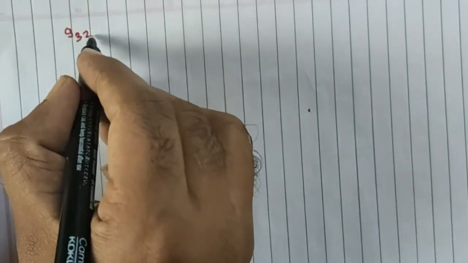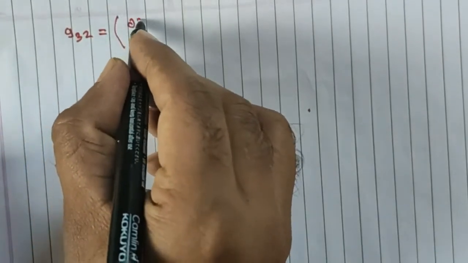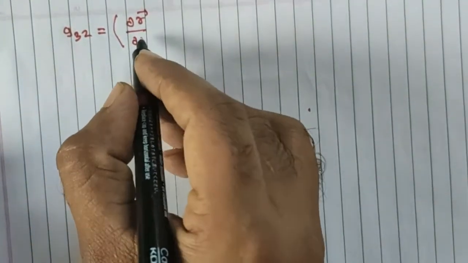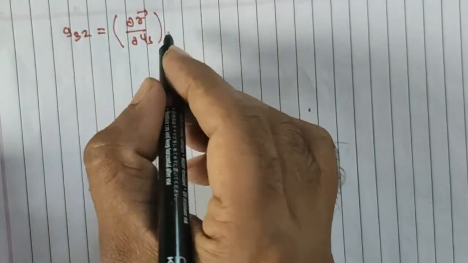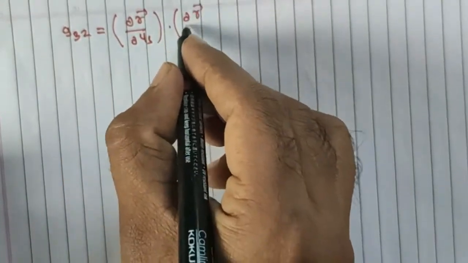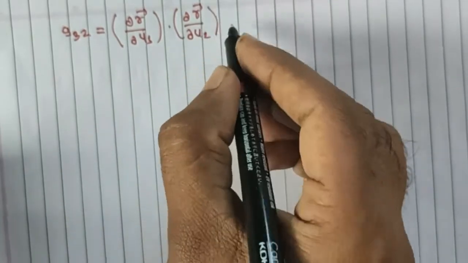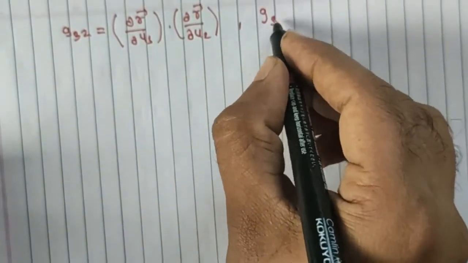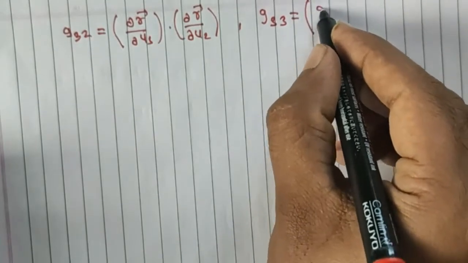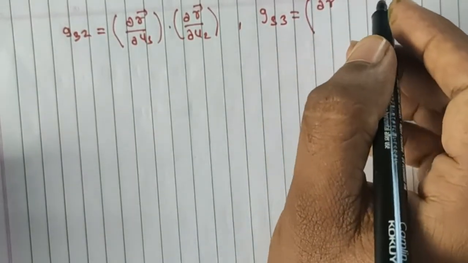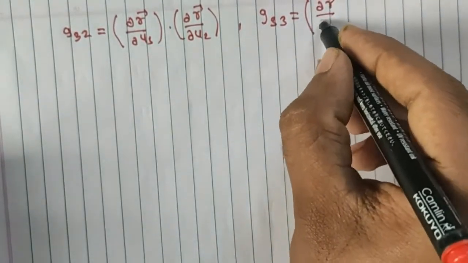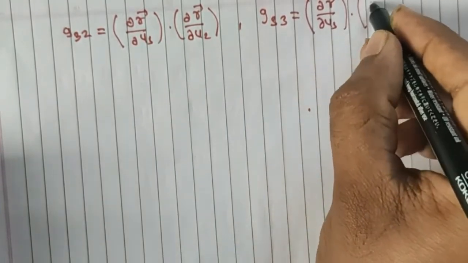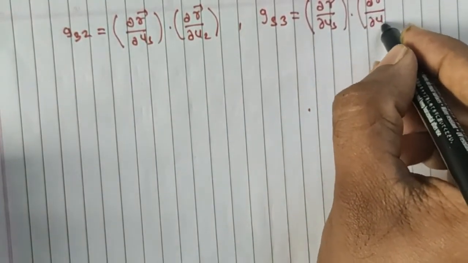We will take it to the next page. Now we were working for 3, 2: ∂r̄/∂u3 dot ∂r̄/∂u2. G33, that will be ∂r̄/∂u3 dot ∂r̄/∂u3.